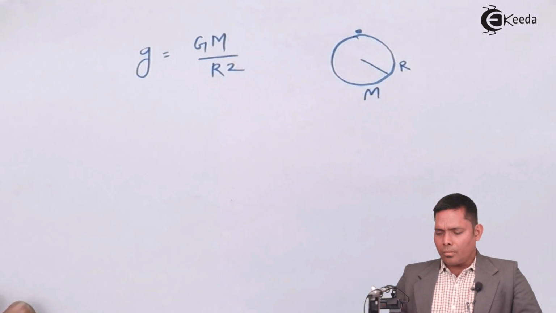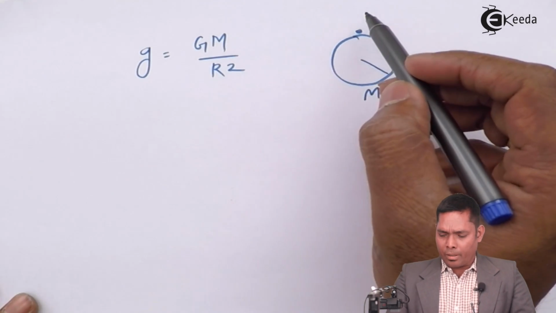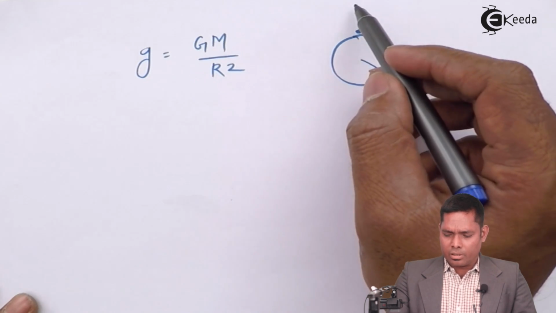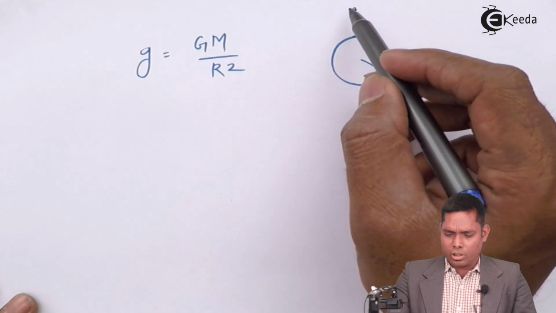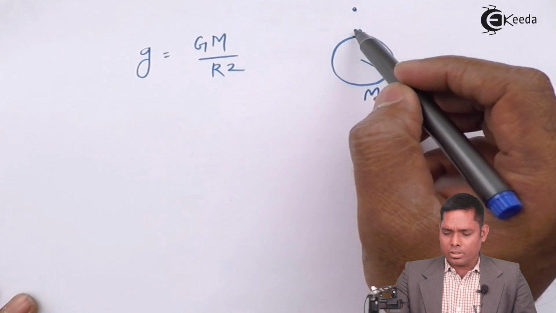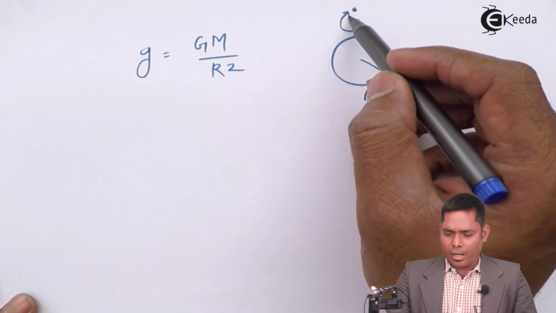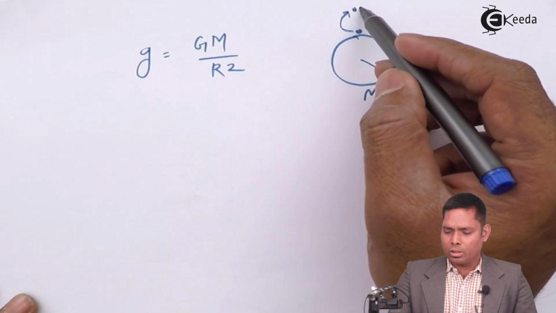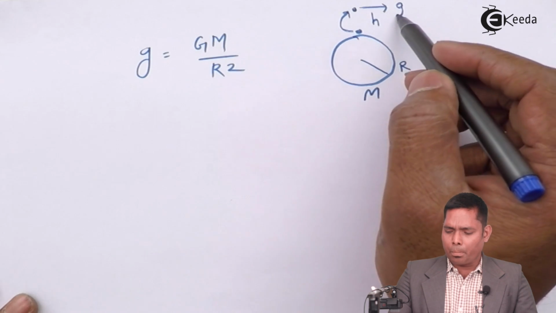Now, our aim was to find the g at a certain height h above the surface of the earth. That means the body is taken to a height h above the surface of the earth, and at this position the g is represented.